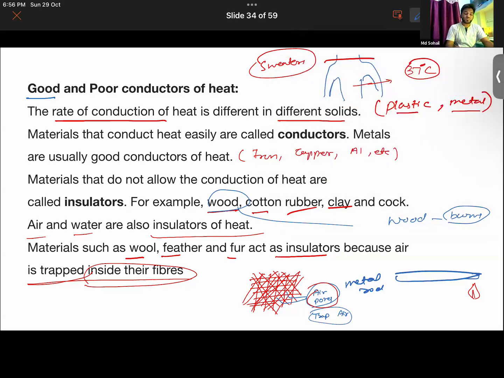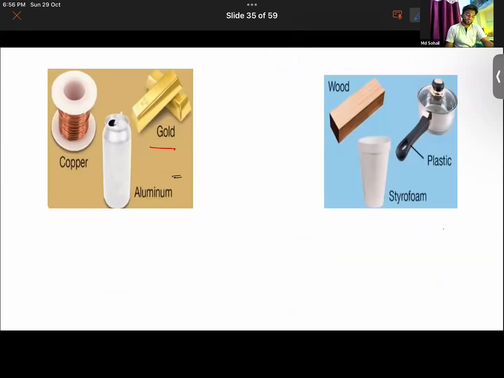This heat has no way to be released back into the environment because it is being trapped in the air pores present in the sweaters. Thereby, it keeps our body warm. You guys are getting it or not? Yes, sir, that's a simple thing. Hope it is clear.